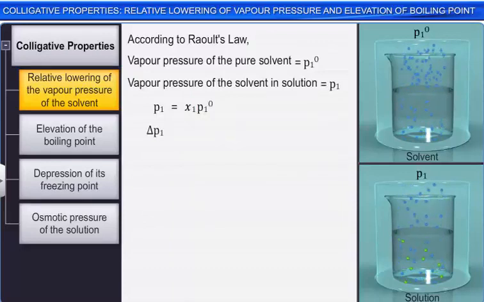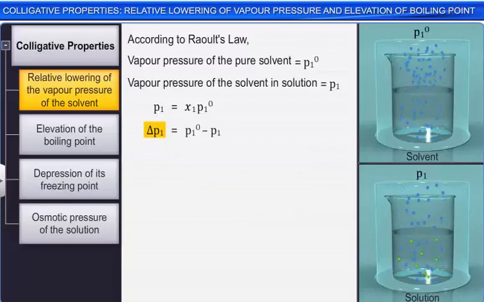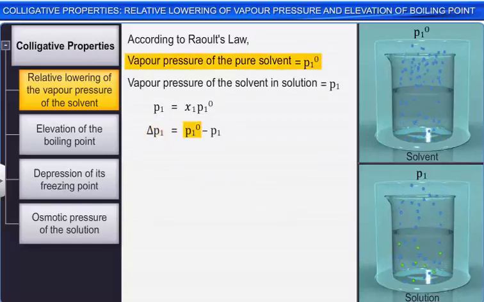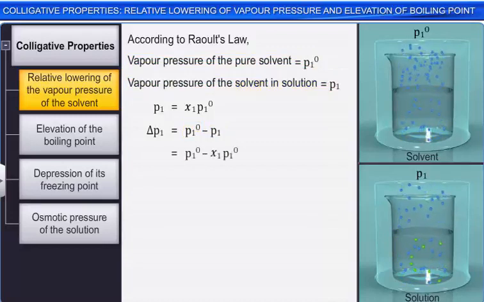The lowering in the vapor pressure of the solvent, ΔP1, is equal to the vapor pressure of the pure solvent, P1⁰, minus the vapor pressure of the solution, P1, or P1⁰ − X1 × P1⁰. Rearranging the terms, we get ΔP1 = P1⁰ × (1 − X1).